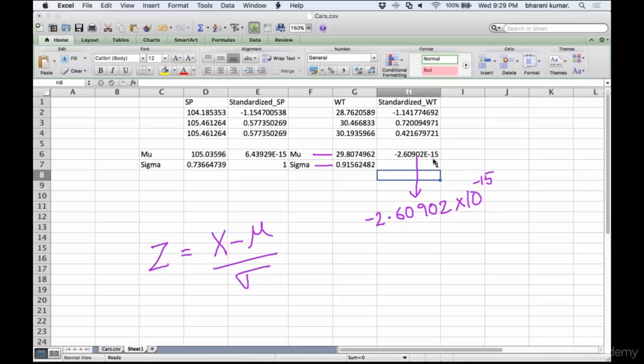Again, the same logic follows. You need to put in 14 zeros and then 2, so it will be minus 0.00000000000000260902, which is approximately equal to 0.